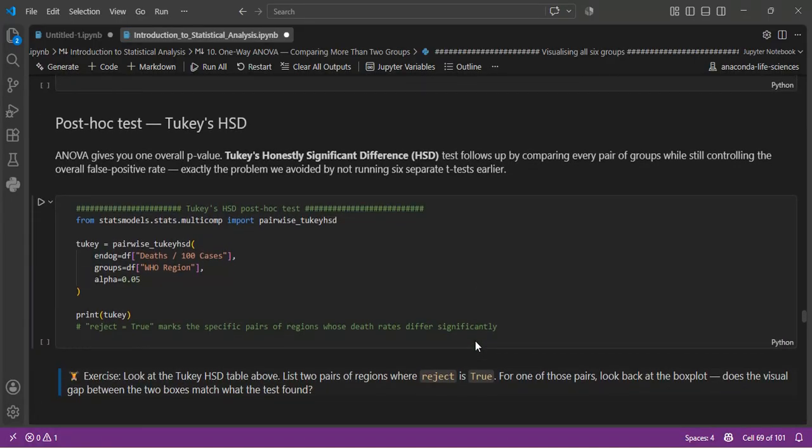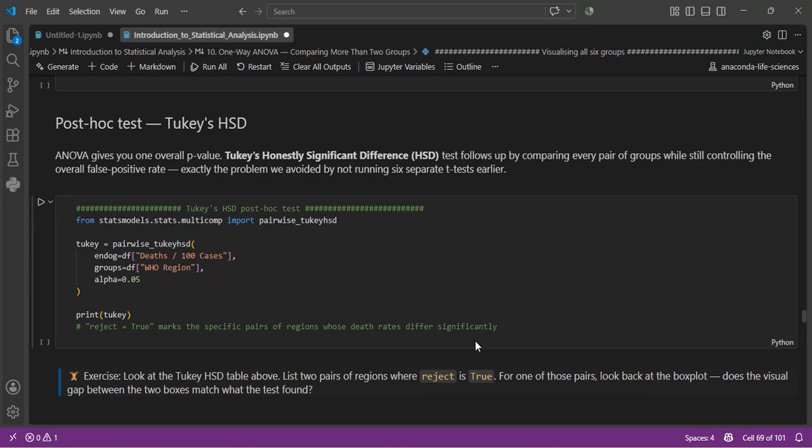So we are moving on to the Tukey HSD, which stands for the Tukey honestly significant difference. We realize that ANOVA gives an overall p-value, and that p-value tells whether the difference in the means of the groups that we are comparing is by chance or is actually significant.